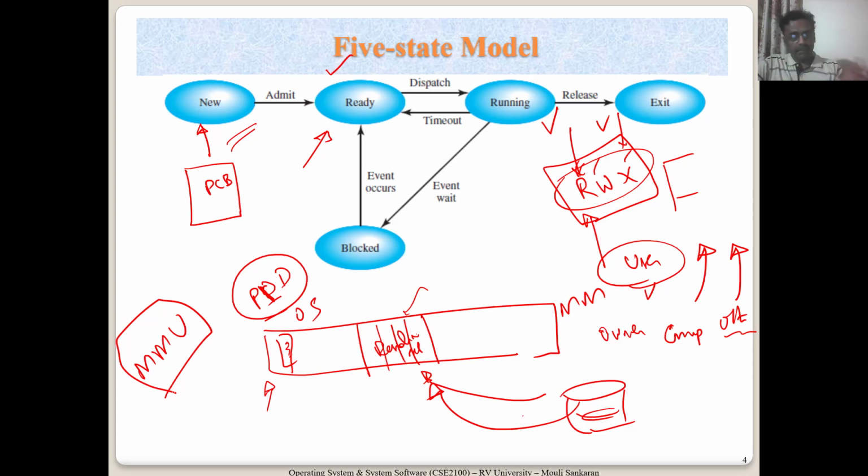If any part of the program illegally tries to write into that part of the code, which is supposed to have only read and executable permission, write is not allowed. When it happens, the hardware catches that particular illegal activity on that location and raises an exception to the OS. The OS comes to know of it and informs the process, saying you are trying to do something illegal, or someone else is trying to do it for you.